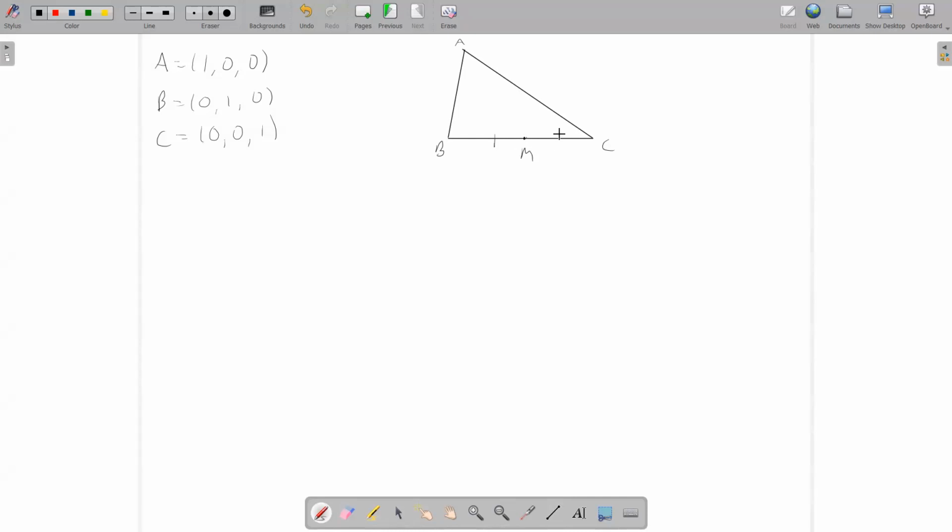If M is the midpoint of side BC, what are the barycentric coordinates of M?